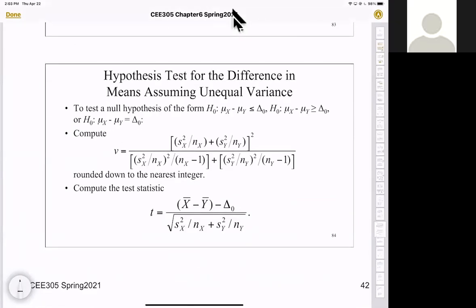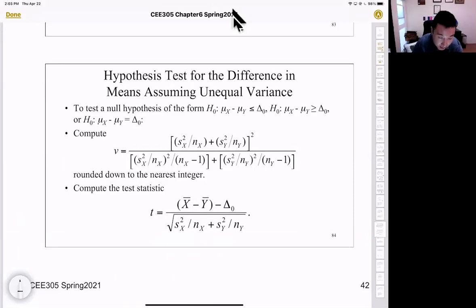Then this is the setup for the test. Depending on how H0 is set up, mu x minus mu y less than or equal to, larger than or equal to, delta 0, we then calculate V. V is the degree of freedom for the t value, which is a function of the sample standard deviations of x and y and the sample sizes of x and y.